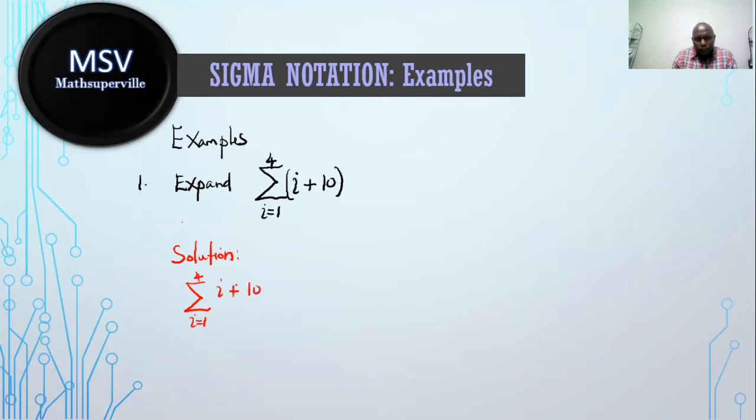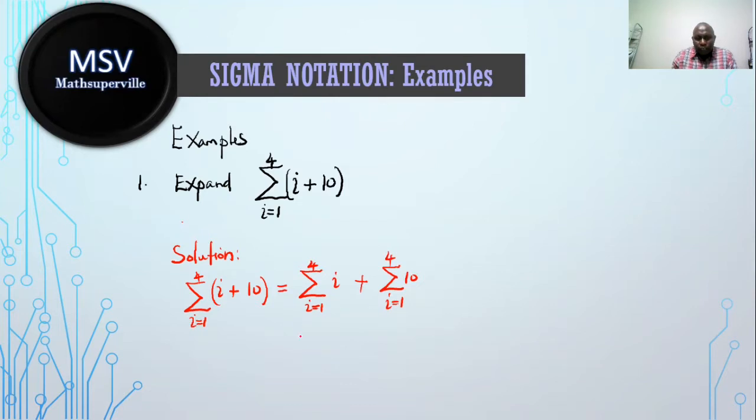So according to the sum rule, we can split the sum, which is i plus 10, into two summations. The sum of i with the index running from 1 to 4 plus the sum of 10 with the index running from 1 through 4.